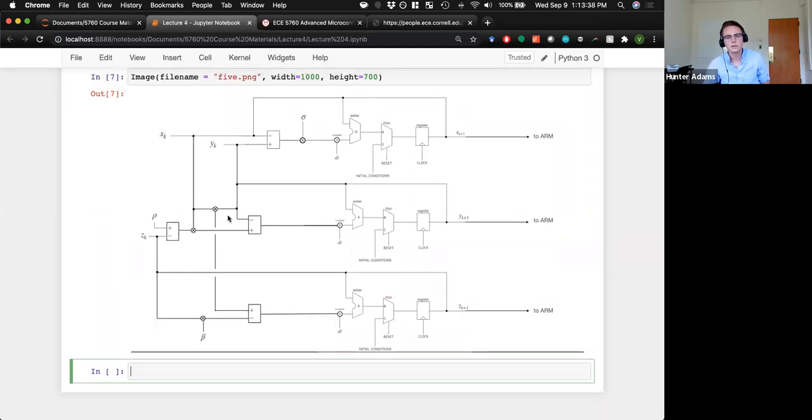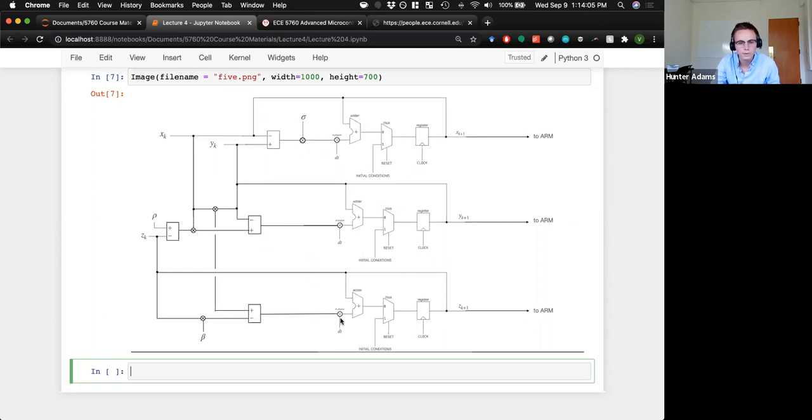So this is the full hardware picture of the integrator that you're going to be building for lab 1, where you have x, y, and z coming in. You have your parameters rho, beta, and sigma. Everything before these dt multiplications, so everything here and to the left, is the calculation of the derivatives x dot, y dot, and z dot.